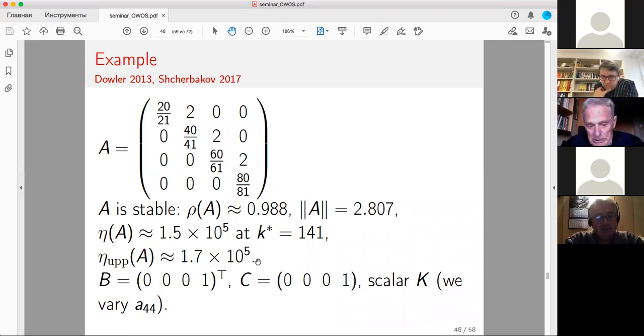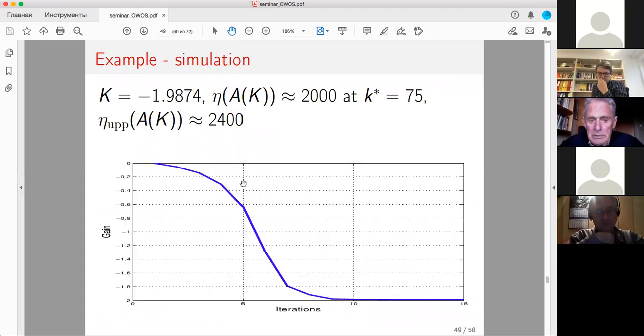The upper bound is close enough to this peak. Now let's try to vary just this term and minimize over this K. Now you see this upper bound becomes much, much smaller.